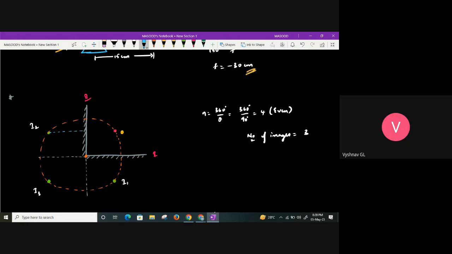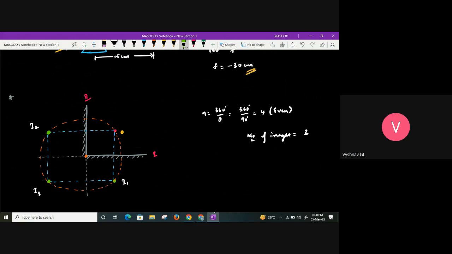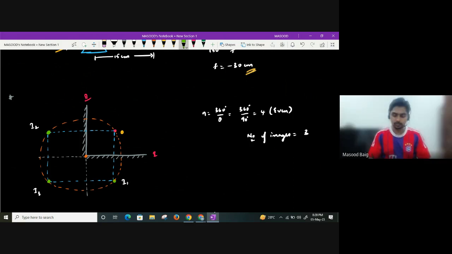How did we get that I2 will form the image at I3? I2 is going to behave as an object for the first mirror. So where will the image be formed? Exactly on the opposite side, at I3. For the given object, the object distance and image distance should be the same. This is an object for both the first mirror and the second mirror.